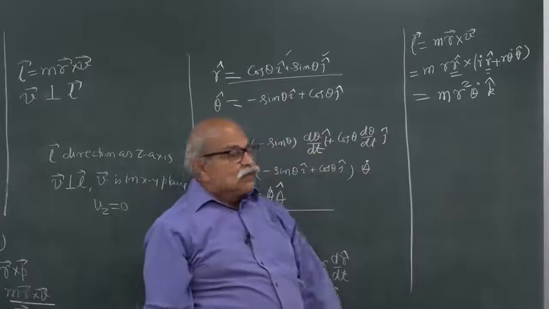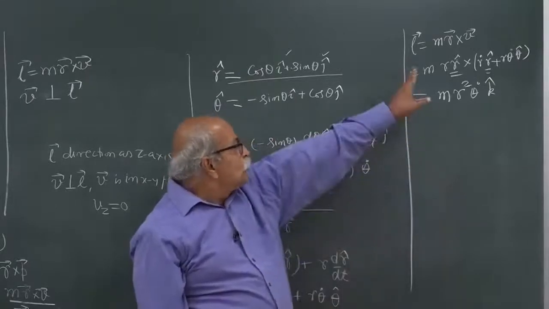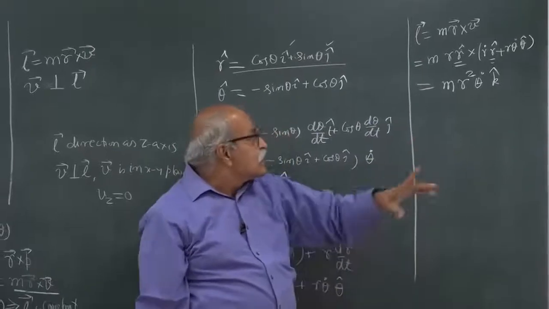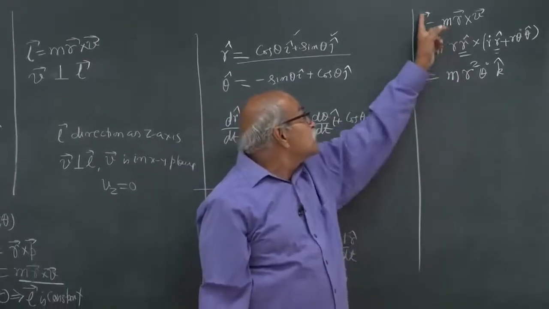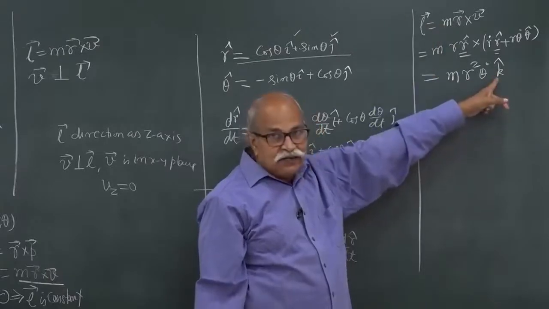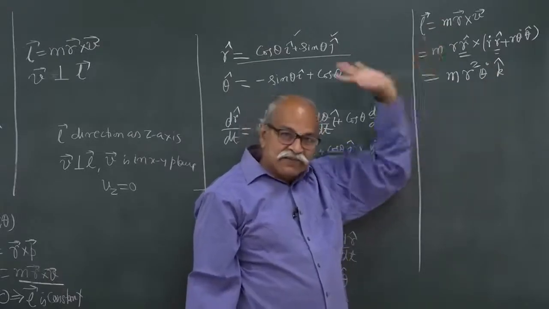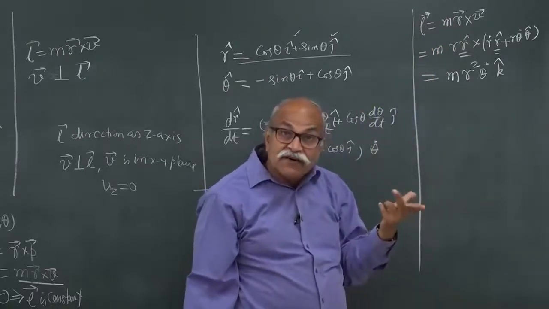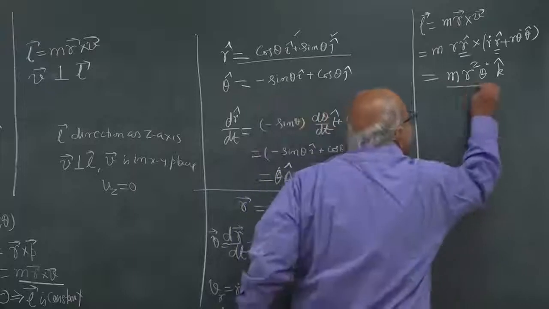Okay. So, we have already shown that the whole motion is in the xy plane and angular momentum is taken in the z direction. So, that comes out in the z direction, very good, very nice, and the direction is fixed. The magnitude is also fixed, the L vector is a constant vector, and here is the magnitude.